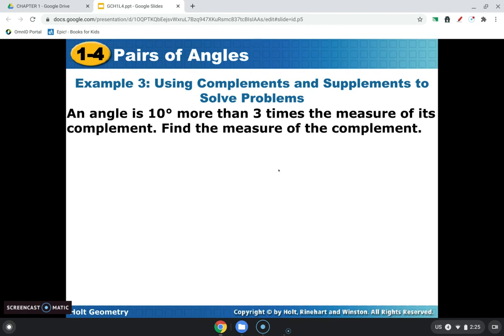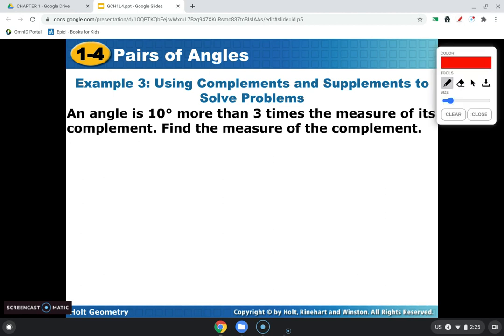An angle is 10 more than 3 times the measure of its complement. Find the measure of its complement. All right, so now we're going to have to take those words from the problem and write an equation. An angle, we're going to call our angle in this case x, is, so is equals 10 more than 3 times the measure of its complement.